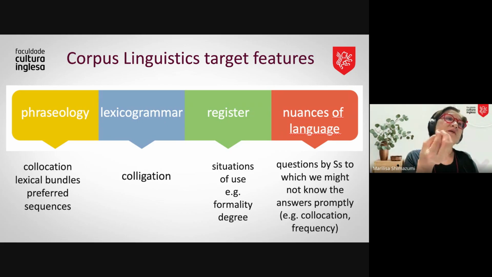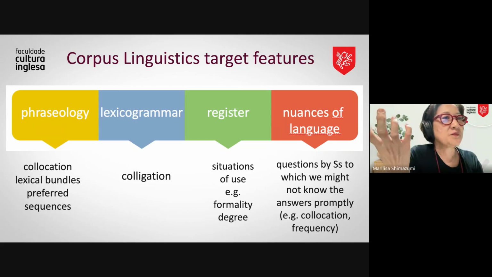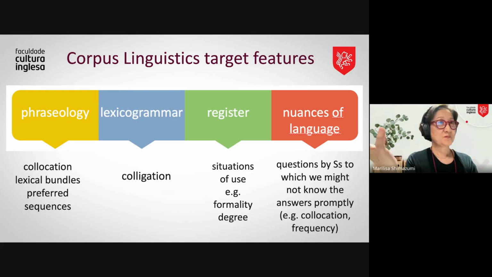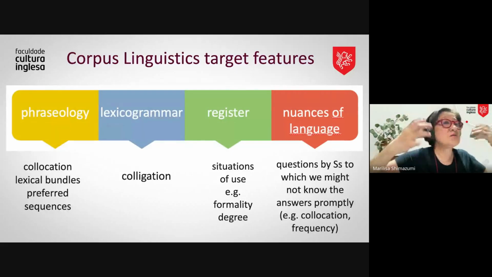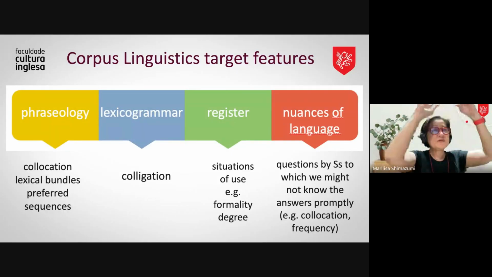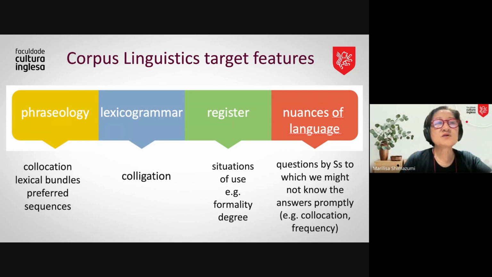We don't work with what is possible because everything is possible. You can combine any words in any order, provided that it might be grammatically correct but totally incoherent. It might be possible, but totally incoherent. Corpus works with probability. What is probable of happening in terms of occurrences?